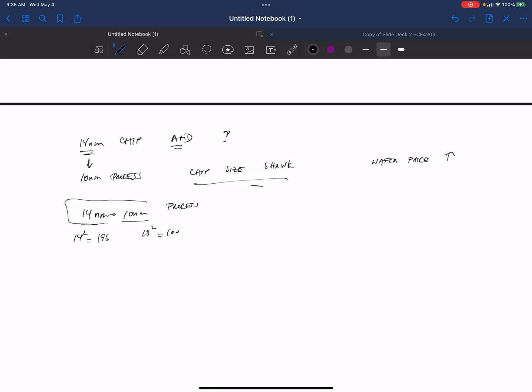So if you go from 14 nanometer to 10 nanometer, you would expect that your silicon area might shrink by 2x. Okay, so you're going from that to that.